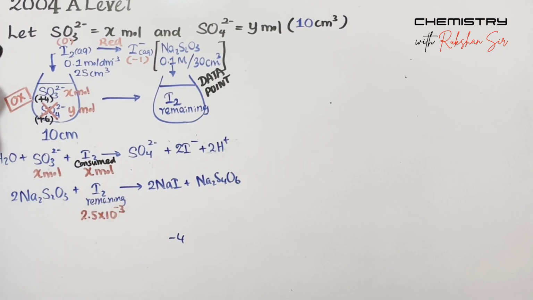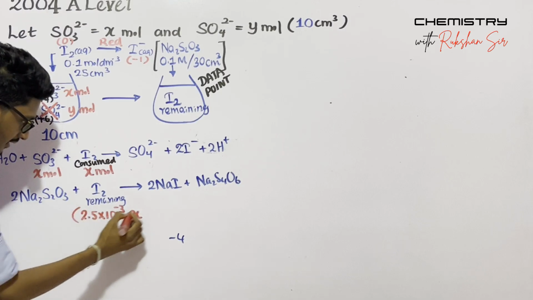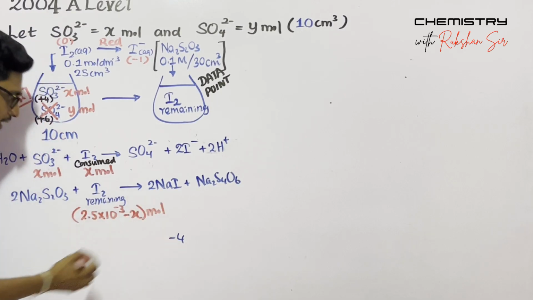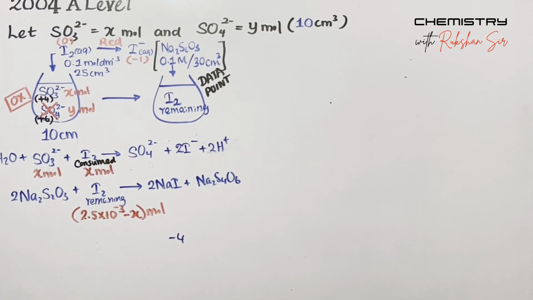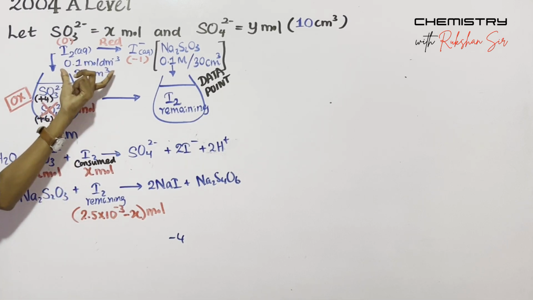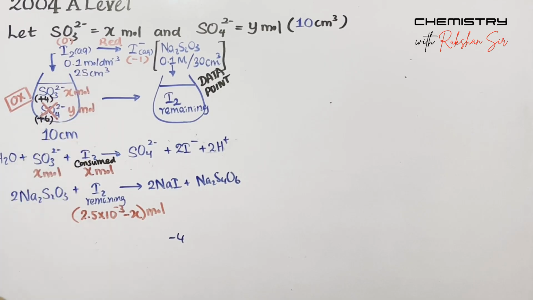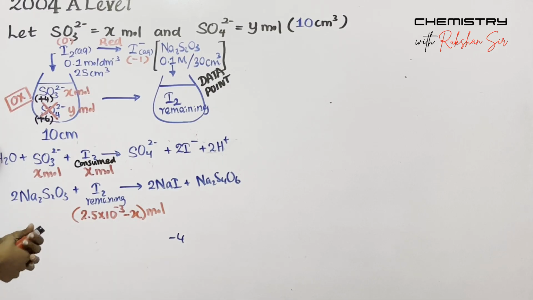So the remaining amount is going to be that amount minus the reacted amount. The I2 added amount is 2.5 into 10 to the minus 3, coming from this. The remaining amount is that minus the consumed amount, right?